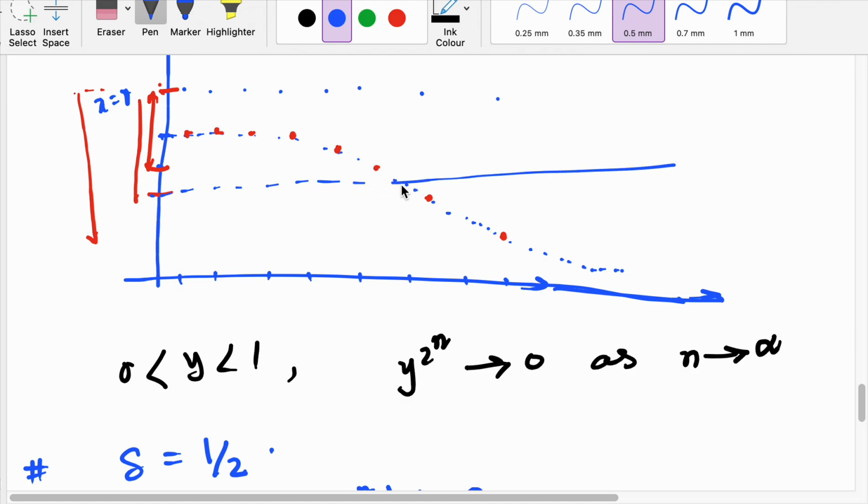So you will always find an n; suppose n equal to 8 or 9. You will find an n for which the nth iterate, that is f^8 of y, equal to y to the power 2 to the power 8, becomes less than half.